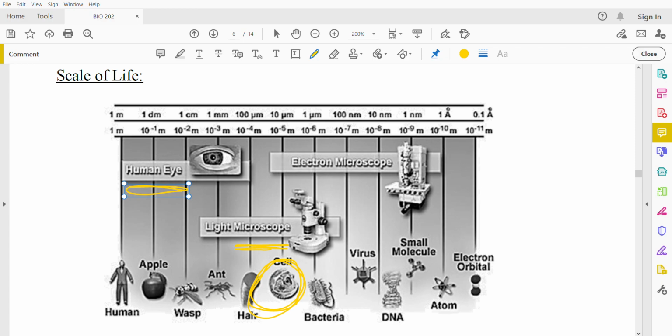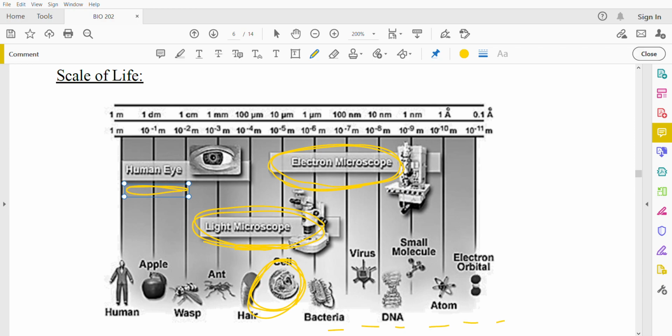However, with the development of light microscopes, we've been able to study the different parts inside the cell, the different cell organelles. And of course, as the technology developed, instead of using light to look at the structures, we started using electrons that bounce off the structures. Electron microscopes developed, and we've been able to study all these things smaller than just cells.